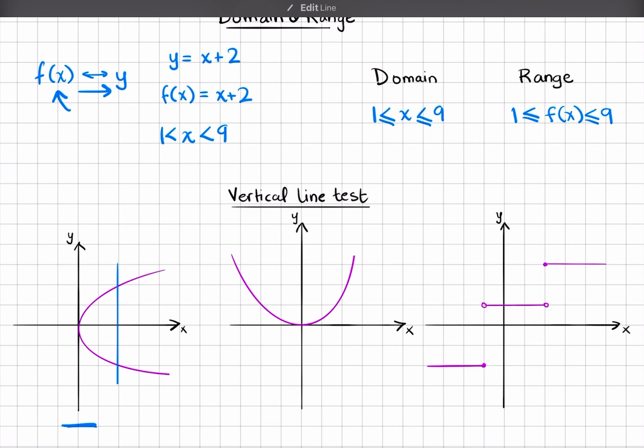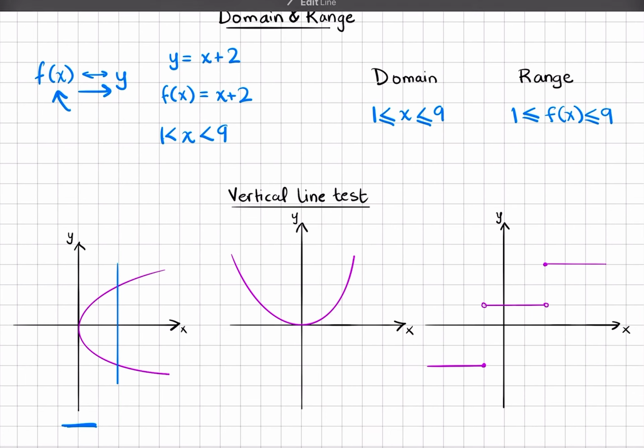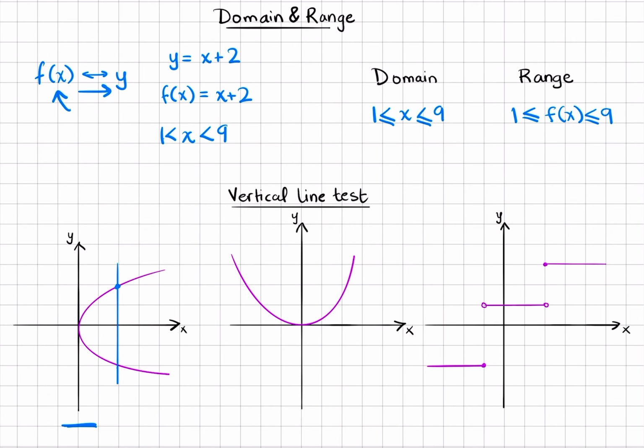Now the test is, if this line passes through the graph more than once, then this is not a function. It passes at 2 points, right here and right here. So this is not a function. That's as simple as the test can be. And actually, this is a graph of y squared equals x, and that is not a function.